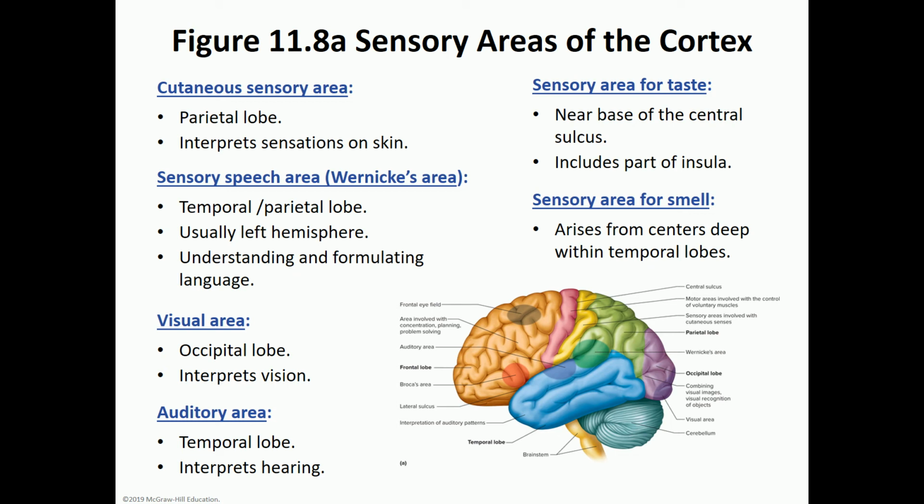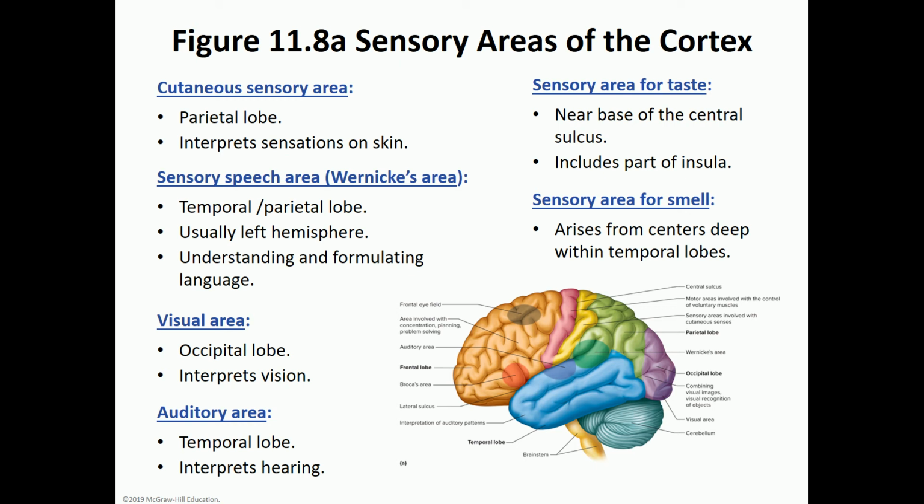So we will have this Wernicke's area well developed in the left hemisphere. It is responsible for understanding and formulating language, which means that, let's say, for example, I'm able to understand and speak English and Arabic. So my Wernicke's area would have the software for both of those languages.